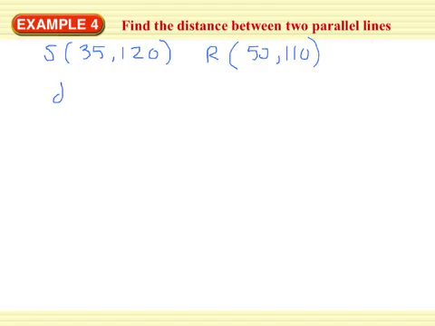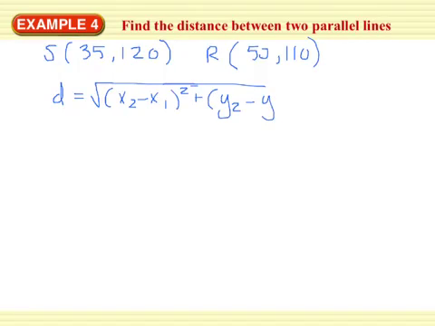If you remember, distance equals the square root of x2 minus x1 squared plus y2 minus y1 squared. x1, y1, x2, y2.